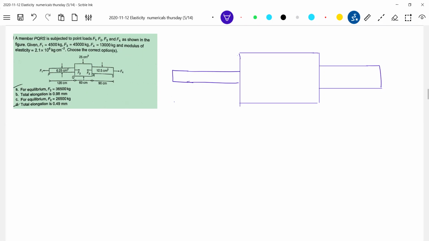So let me write, this is area A1, A2, A3. So this is the length L1, L2, and this L3. It is acted upon by the forces F1. Once again, as Young's modulus is given in kg, forces are in kg. Okay, no problem. Nothing will happen. As usual, we'll just proceed. No need to change any units.